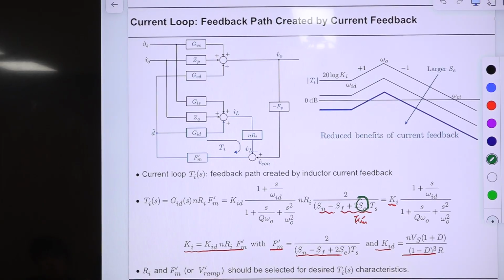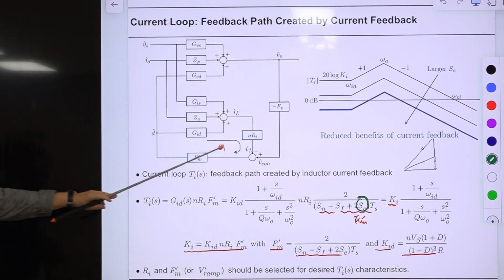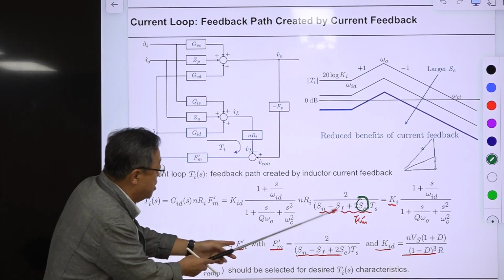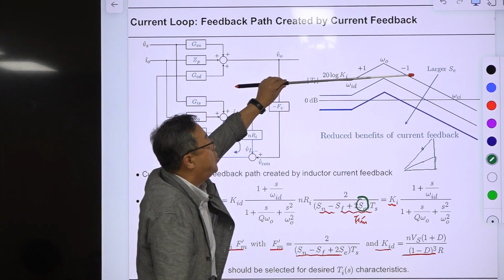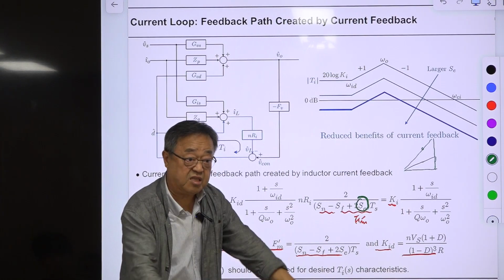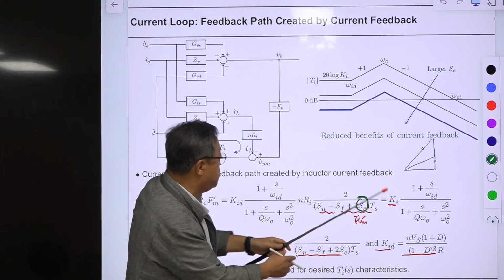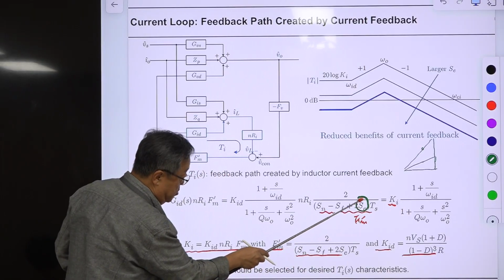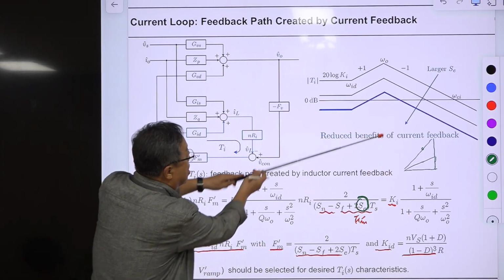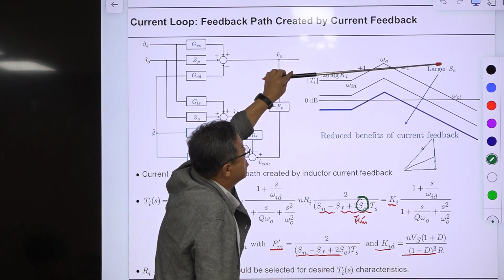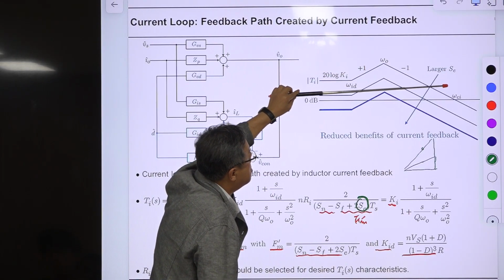You can increase this with a small slope, or this one with a large slope. Then the asymptote will move down. It sinks down, because this becomes small. Then Ki becomes large, this becomes small, and this one sinks down. So it starts from here, and from here, and from here.